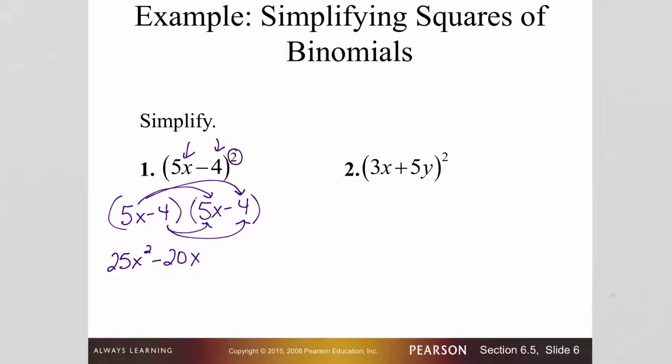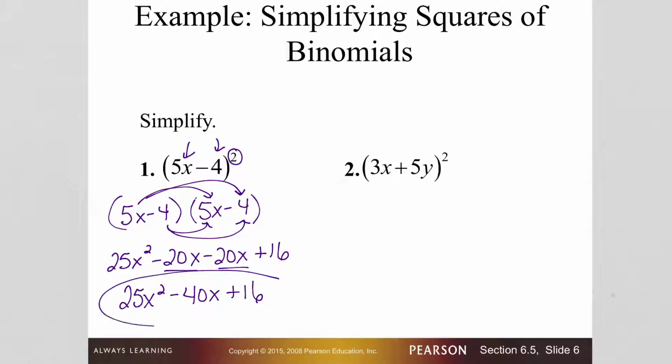Negative 4 times 5x is negative 20x. And negative 4 times negative 4 is positive 16. Now we do have like terms here and here. So you've got 25x squared minus 40x plus 16. And that's it. You're done.